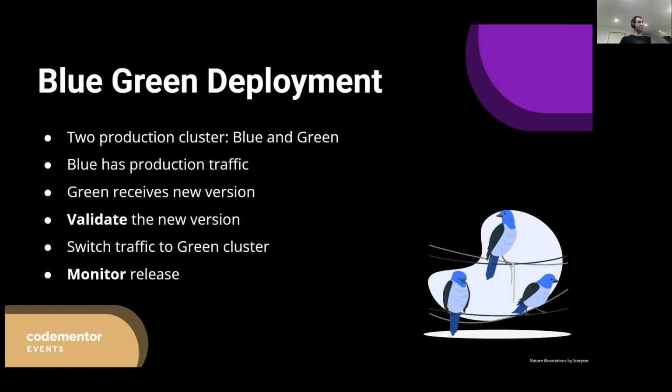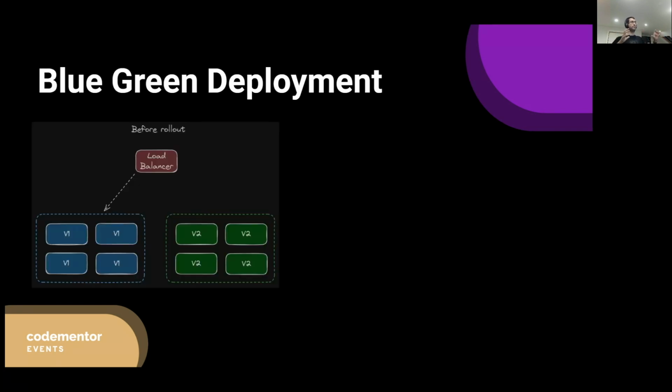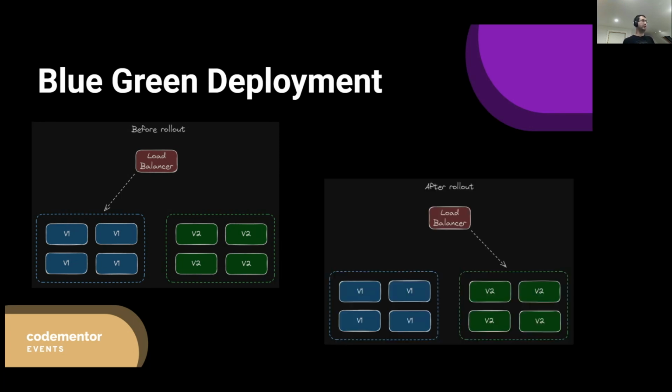The good thing is that the blue and the green clusters are kept for some time. So let's say, for example, this is how it looked before the rollout. We put V2 in the green cluster, and we switch the production traffic to it. If there's any issue, we can switch it back. It's very easy and usually almost no downtime.